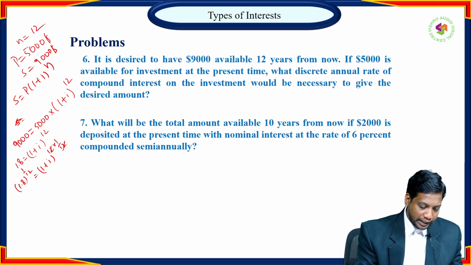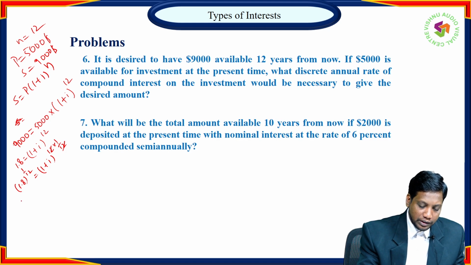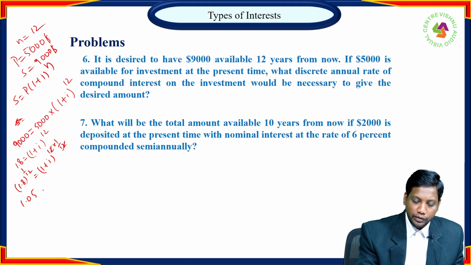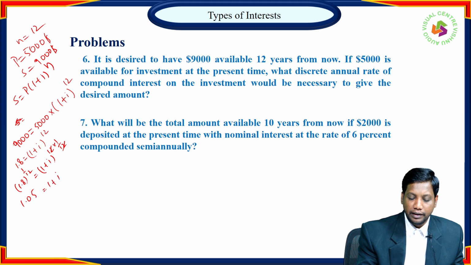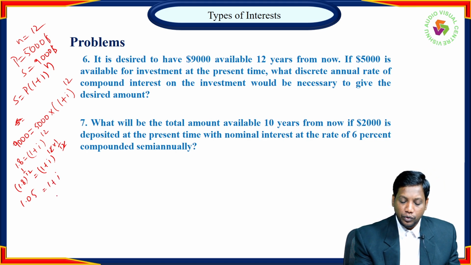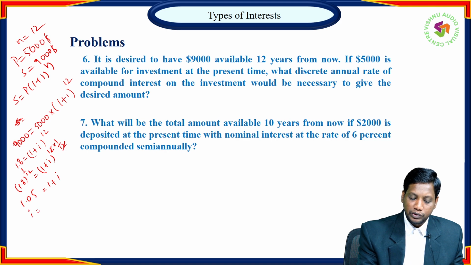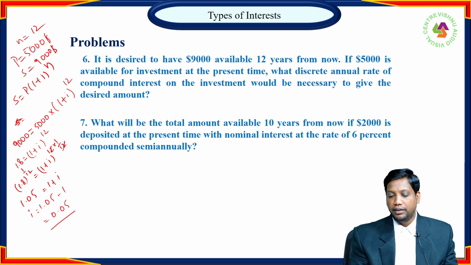So 1.8 whole power 1 by 12 will give us 1.05, that equals 1 plus I. So take 1 to the left-hand side. So I equals 1.05 minus 1, that will give us 0.05 as the interest rate.